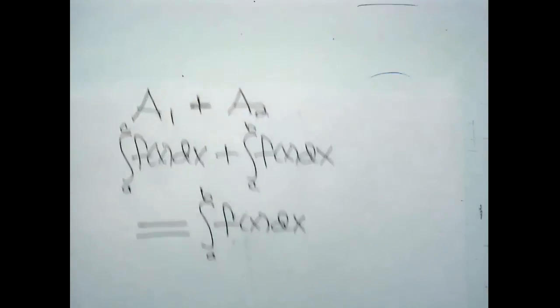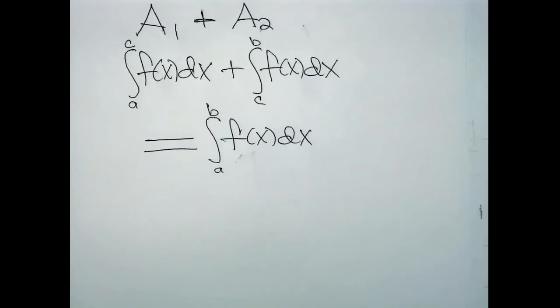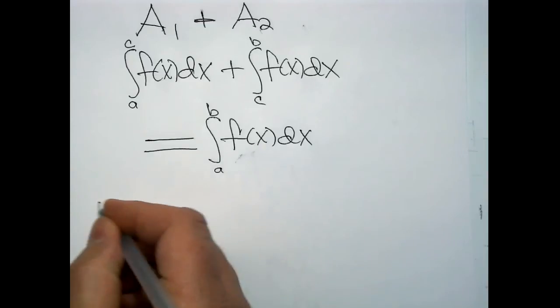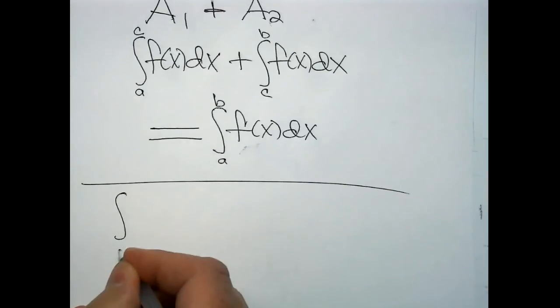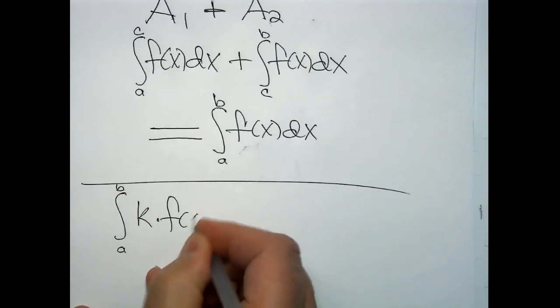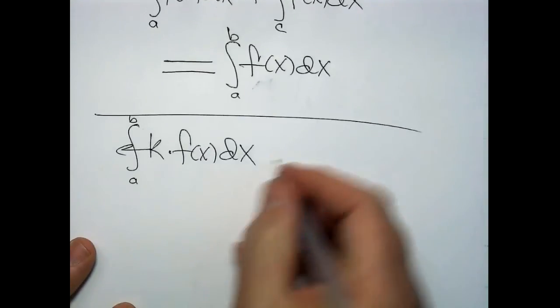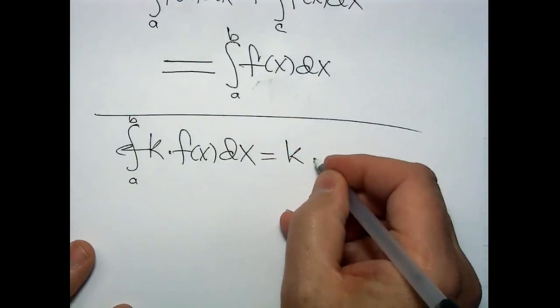Now, a couple other features of definite integrals. And again, we're not really doing the calculus aspect of that. That comes up next. If you were to integrate from a to b, meaning area underneath a curve, of a constant multiplied by a function like this, we do know from our antiderivatives that the constant can come out front.